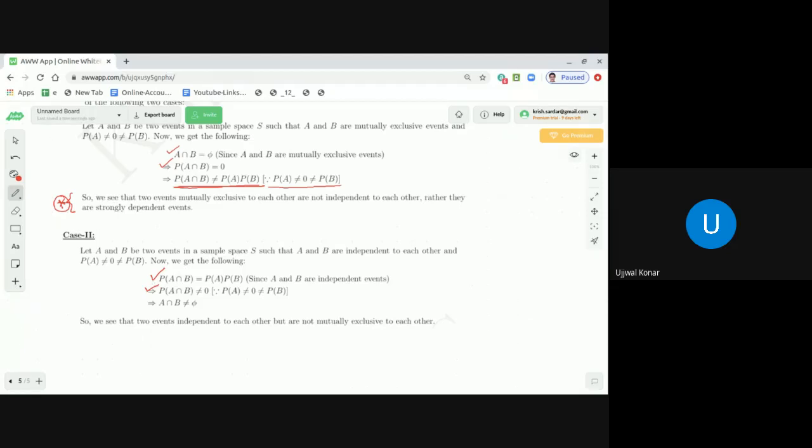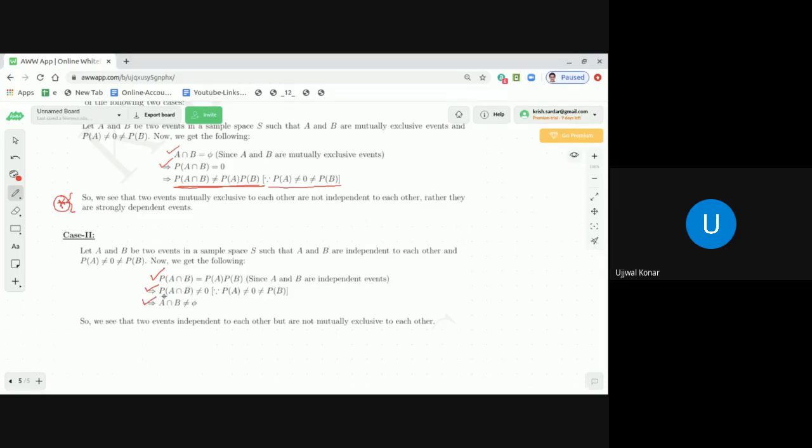A intersection B, in set theoretic notation, is not a null set. Correct or not? Because if an event represents a null set, then only its probability is 0. But here we see that probability of A intersection B is not equal to 0. That means A intersection B is not a null set, that means A intersection B is not equal to phi.